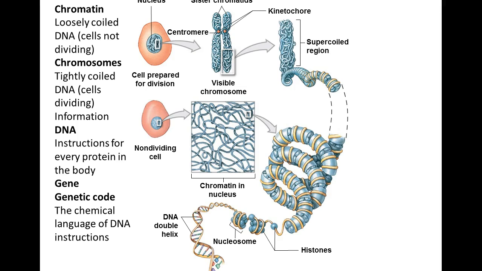You have this idea of a gene. When we think of a gene, this can be a very scientific term, or this can be in layman's terms. But generally, we think of a gene as an area on that DNA that we know is coding for a specific trait.